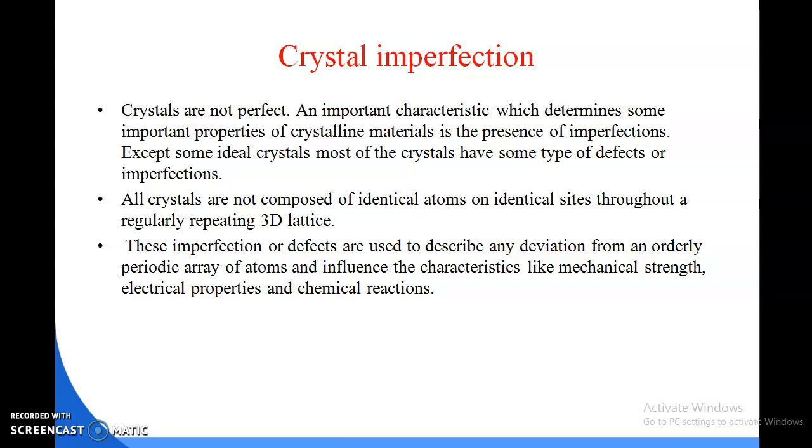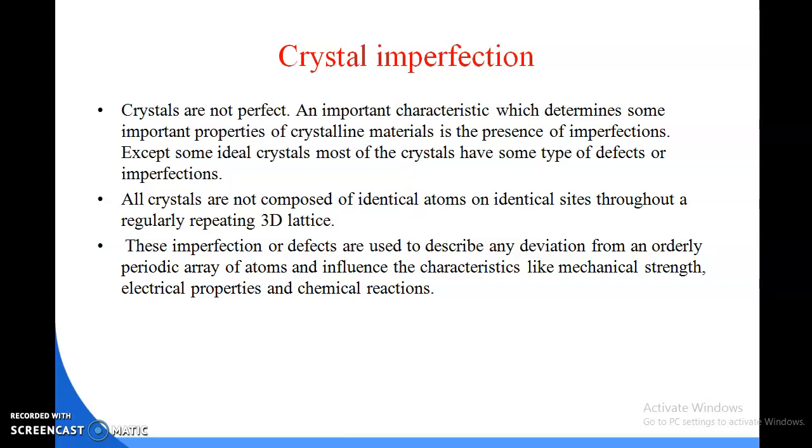These imperfections result from deformation of the solid, rapid cooling from high temperature, or high energy radiation striking the solid. So all crystals are not composed of identical atoms or identically sized throughout a regular repeating 3D lattice.